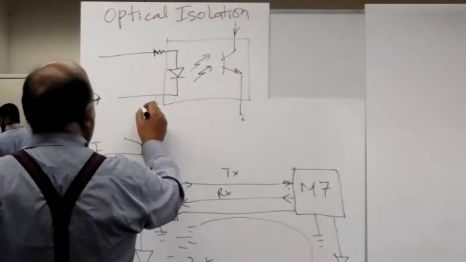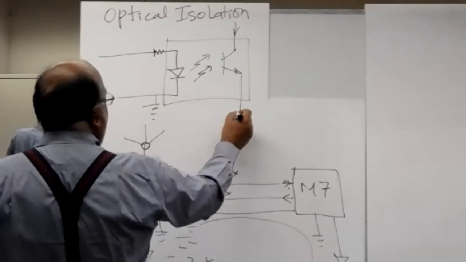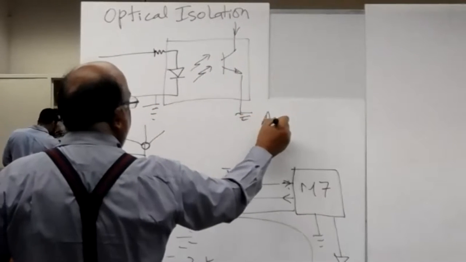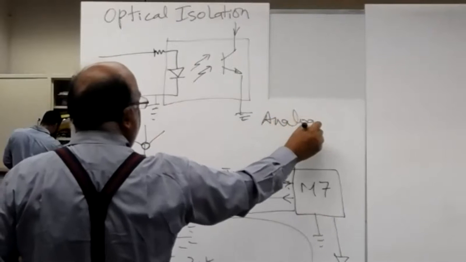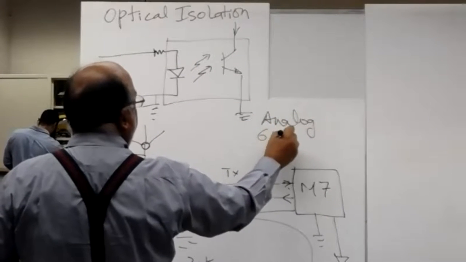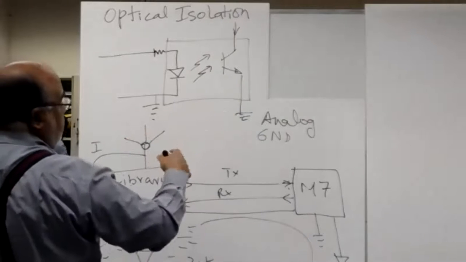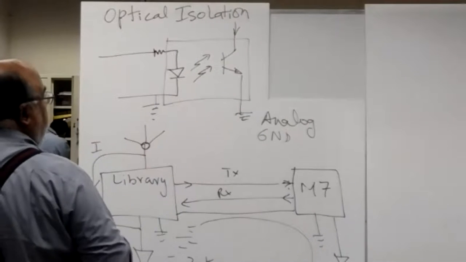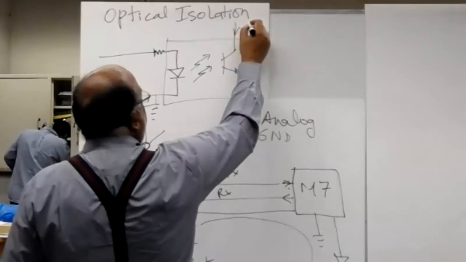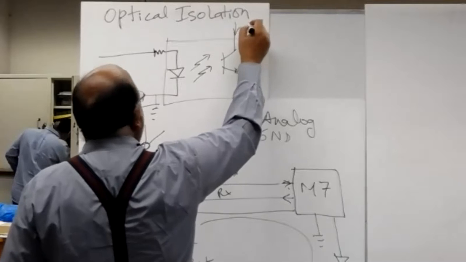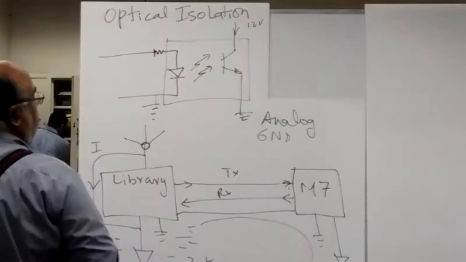This is called analog ground, because here there can be any high voltage levels. It can be a relay here or some other very high voltage level signal. This shouldn't be 5 volt. This can be 12 volt, 30 volt, 64, whatever it is.